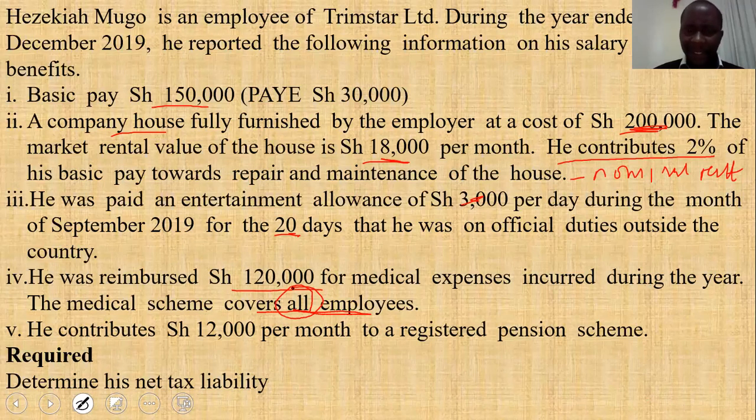Finally, the gist of doing this question was to allow us deal with this issue of pension. 12,000 is contributed to pension, 12,000 per month to a registered pension scheme. So let us see now how this question will be solved. I hope you are able to capture the details because we'll now come back to this screen.